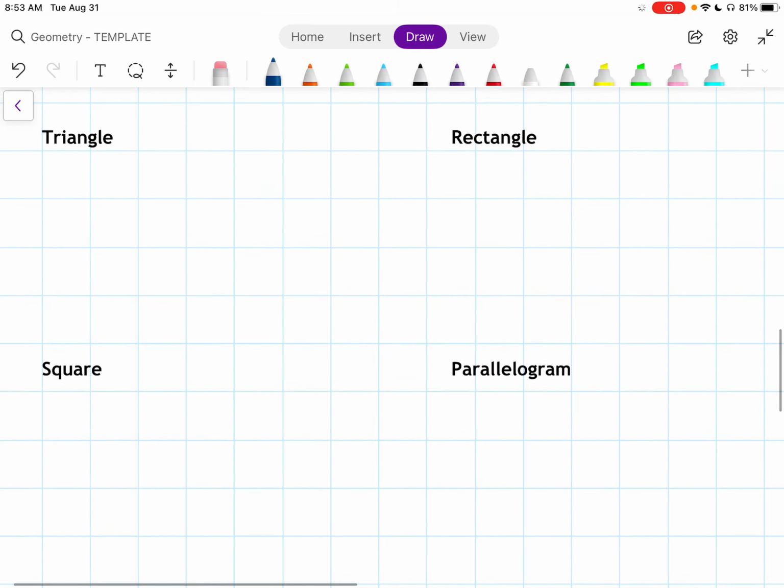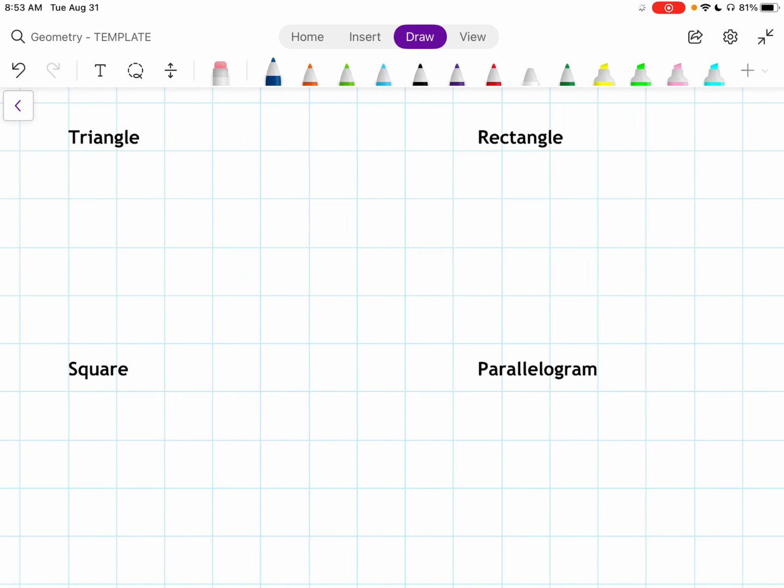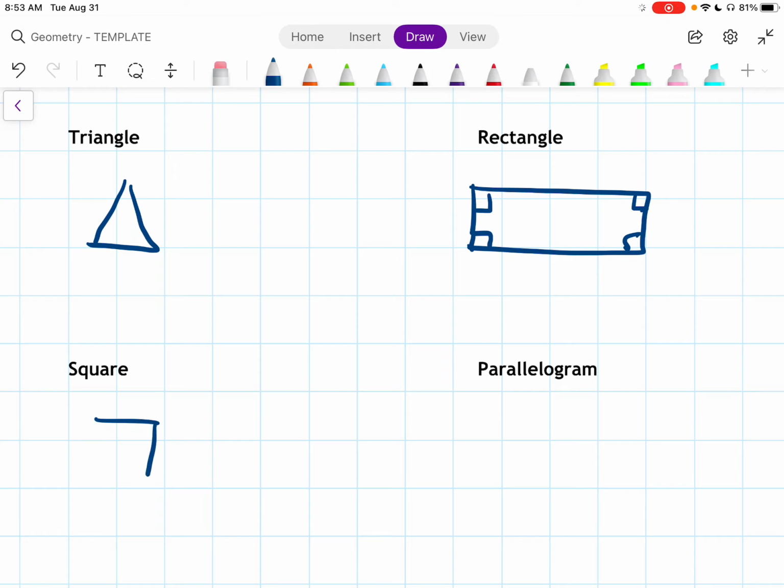Now we have some special shapes that we want to look at. We have a triangle, a rectangle, a square, and then a parallelogram.